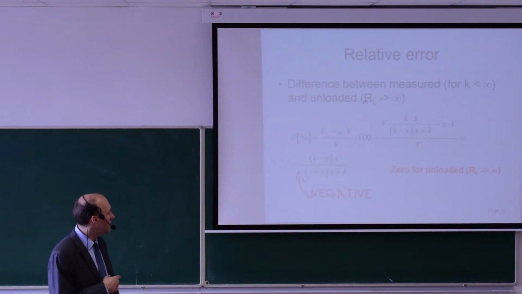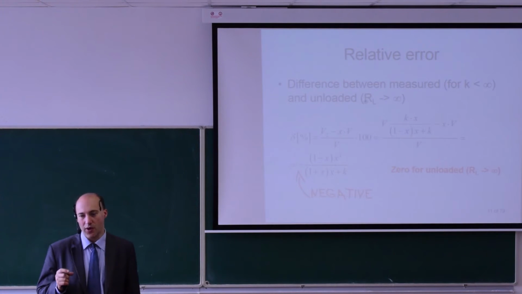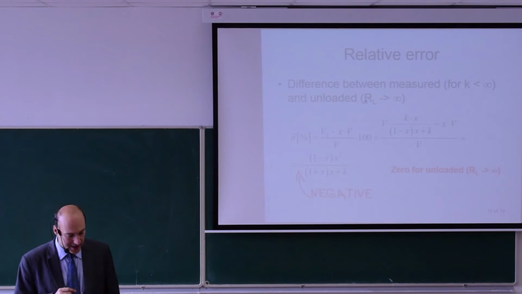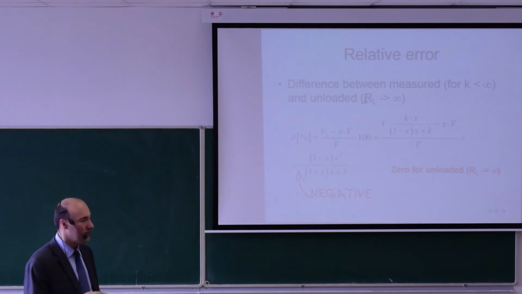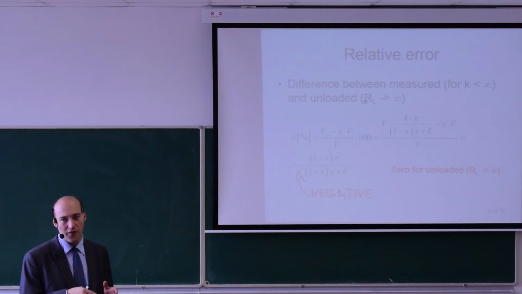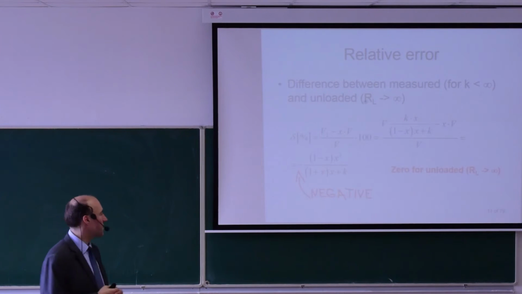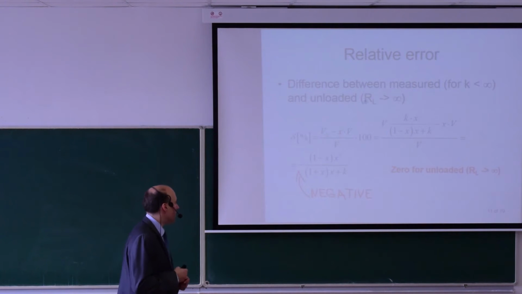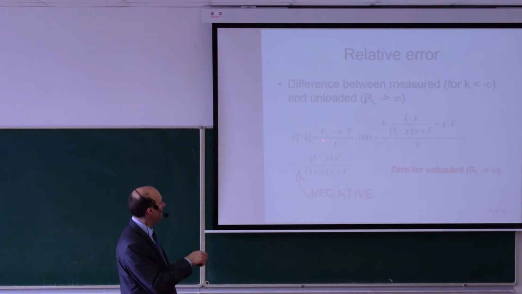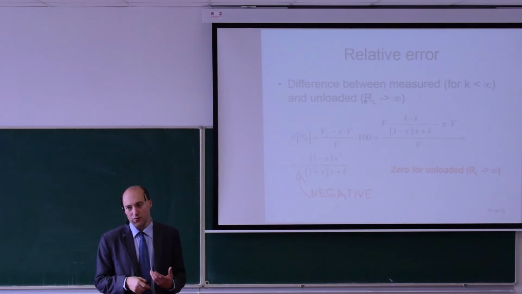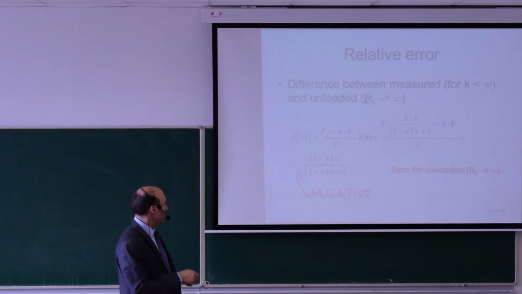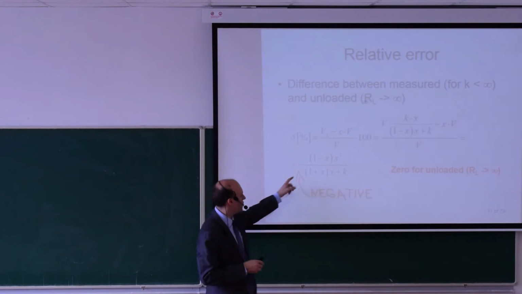The correct value in this case will be the linear equation, and the relative error is calculated when we compare the measured value with the correct value in percent. Let's start first with the relative error. Now, relative error is the difference between the voltage that I measure minus the correct value of the voltage. This is expressed in percent, so if I substitute the previous formulas, you can then get this result.